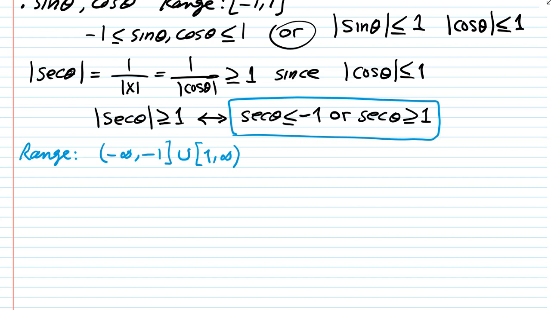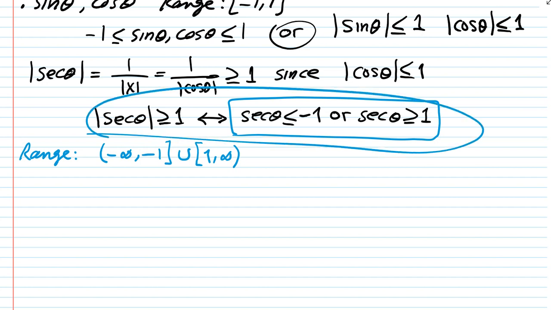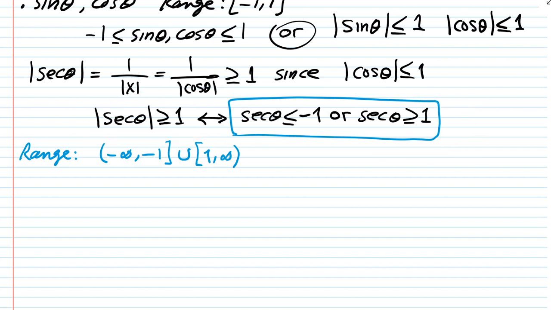Okay, now the reason to justify what I have here, absolute value greater than 1, means this. Goes back to algebra days. Absolute value of x greater or equal to 1 means the following on the number line. Let's say I have a number line. This is a number line. Here's 1, here's -1.